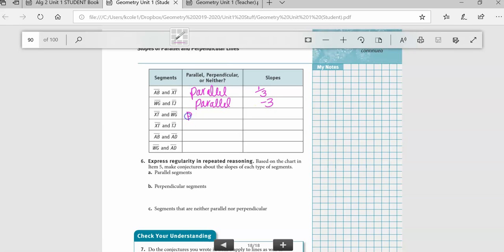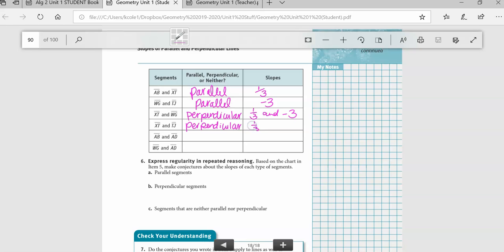The next set is perpendicular. Their slopes are negative 1/3. No. Positive 1/3, my bad. Positive 1/3. And the other one is negative 3. One positive, one negative. The next one is again perpendicular.